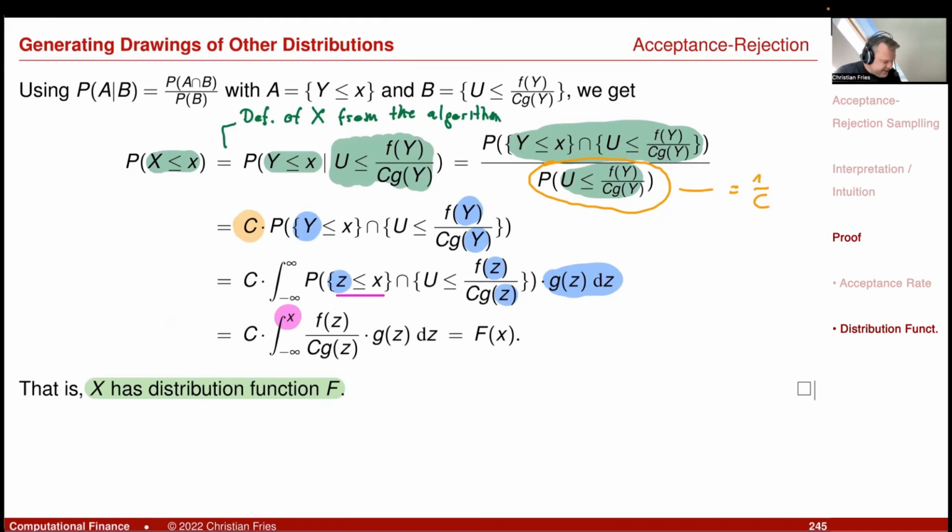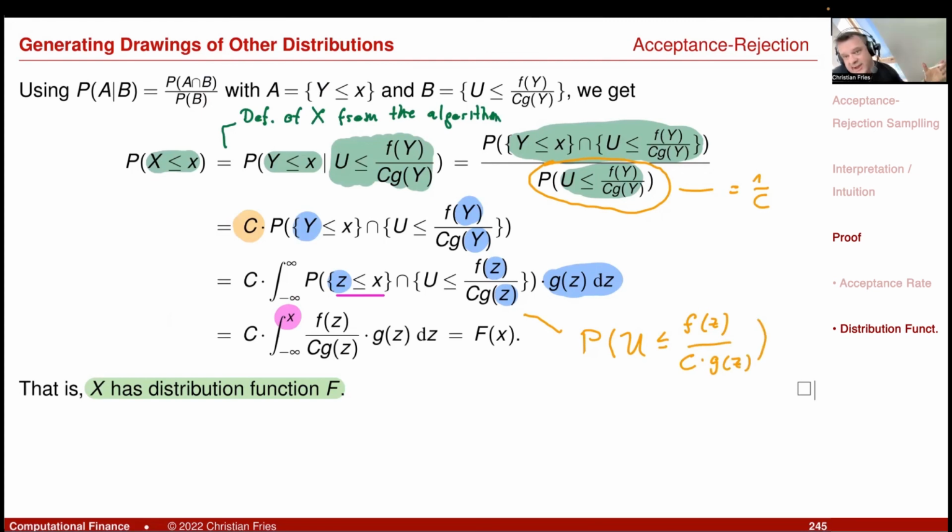Then it's just the probability that my uniform is less or equal f of z divided by c times g of z.